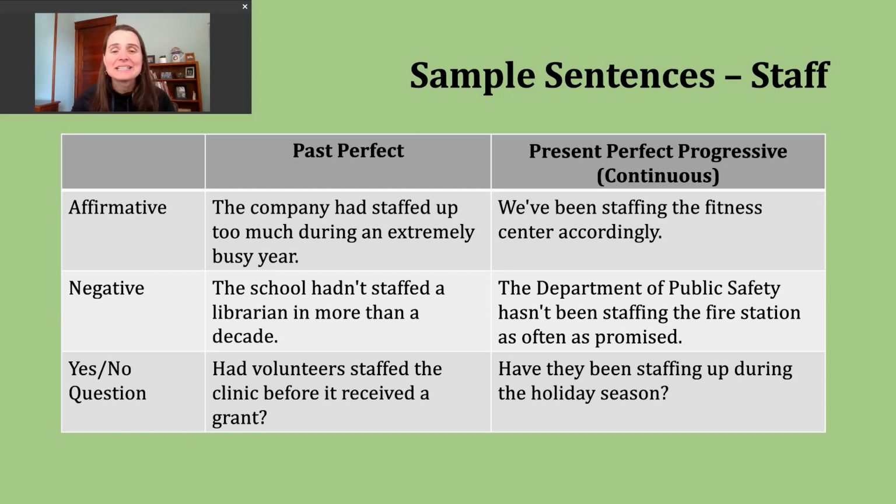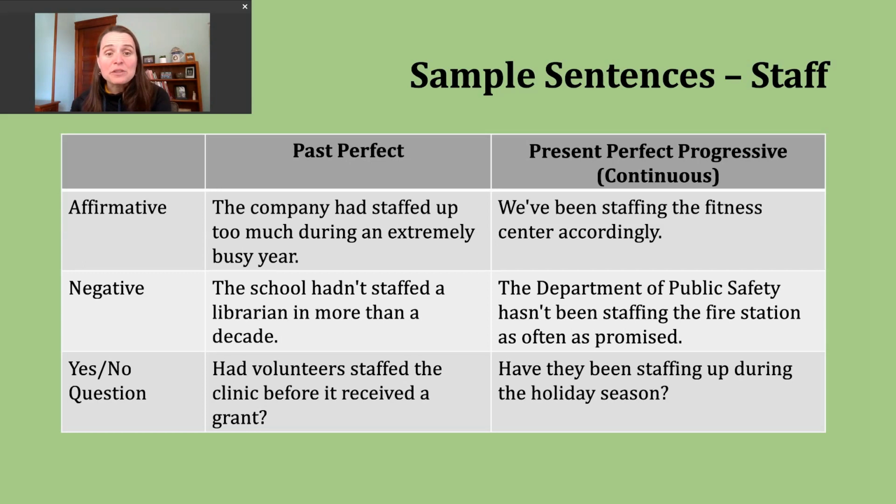The company had staffed up too much during an extremely busy year. Now, what comes after this sentence usually is kind of sad, might be announcing layoffs or some type of reduction in the workforce.